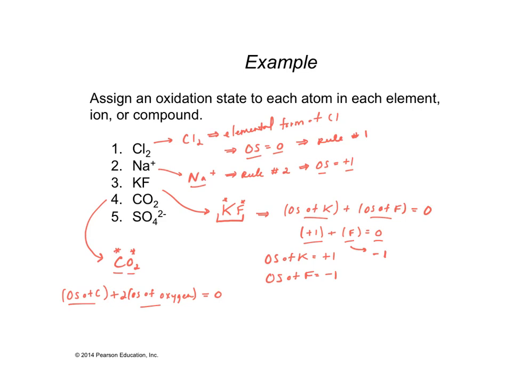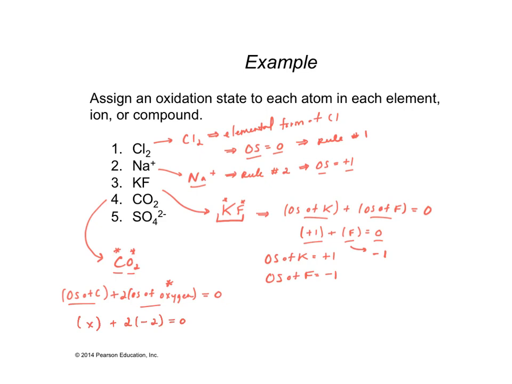Now the question becomes, in rule 5, who do we get to assign first, right? Who takes precedence on that nonmetals list? So we look at that list, we'll find fluorine, hydrogen, and then oxygen. So oxygen we will assign first for this compound. It's going to take on an oxidation state of a -2. So 2, because there are 2 oxygens, times the oxidation state of oxygen, which is -2, plus this unknown for carbon is going to equal 0.